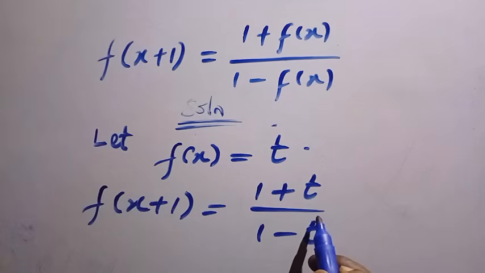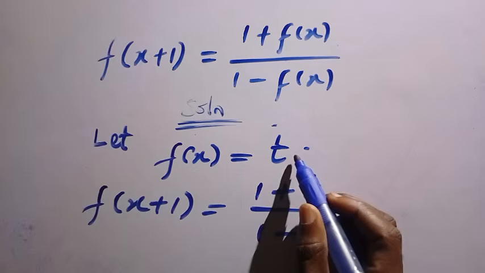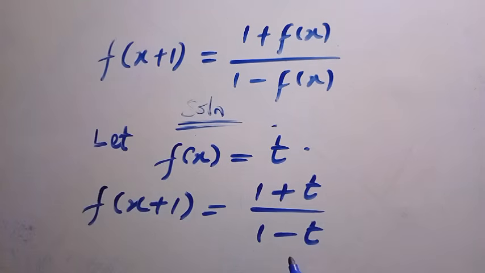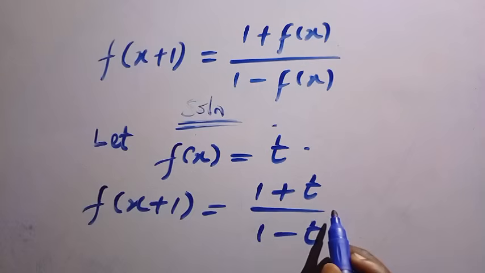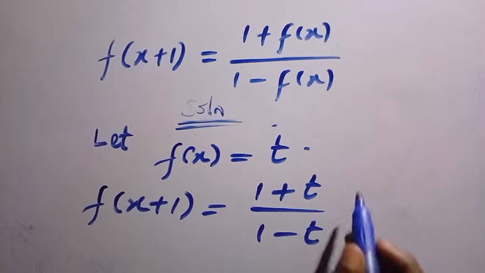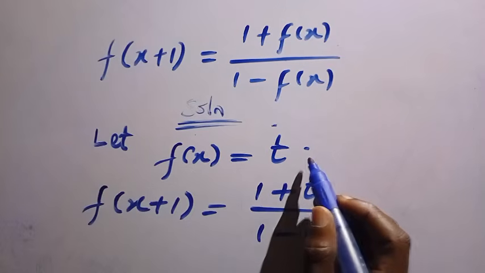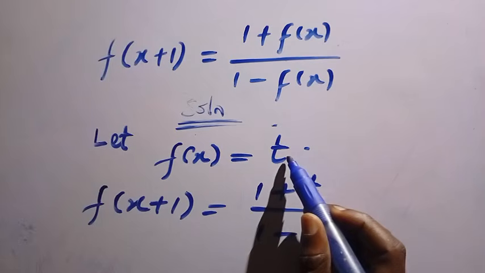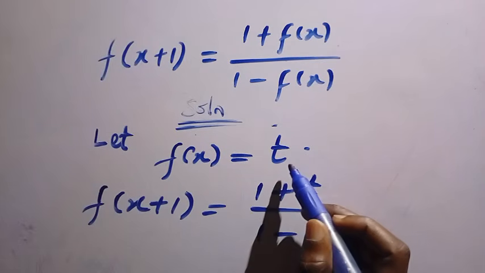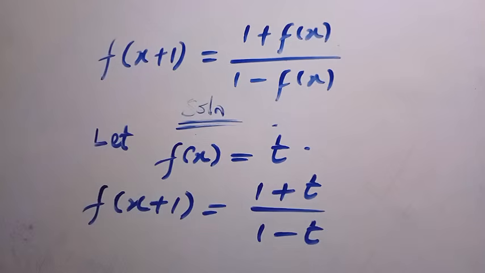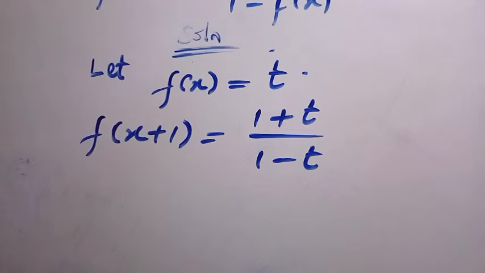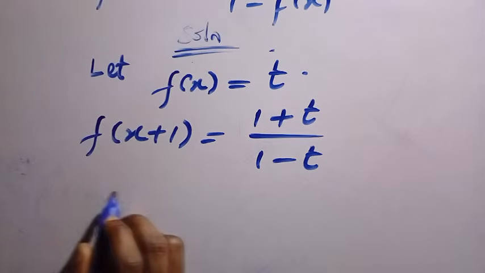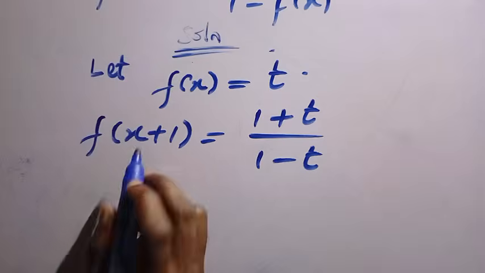If the output is not equal to t, it's not yet periodic. If we change it to f(x+3), we get a certain output, and if it is not equal to t, it's not yet periodic. That's how we keep repeating this until we have a value equivalent to t. Alright? So let's look for f(x+2).